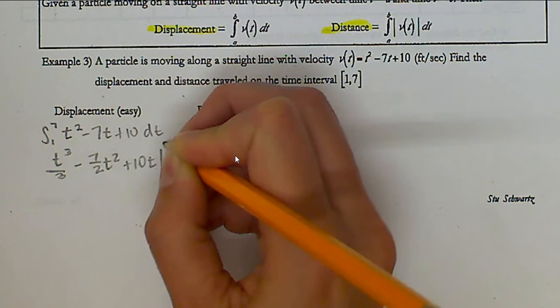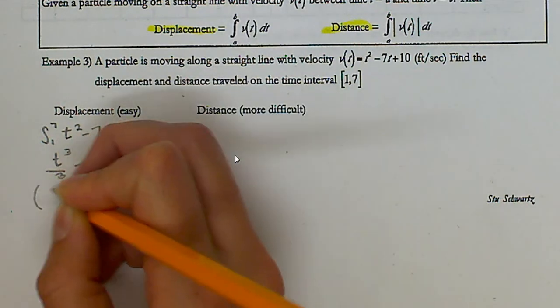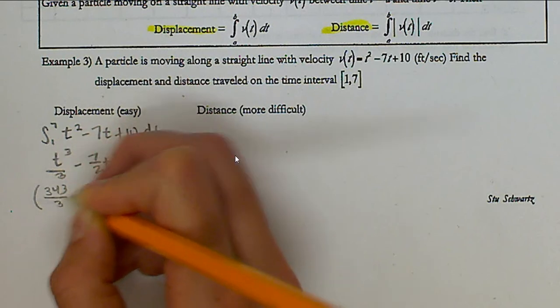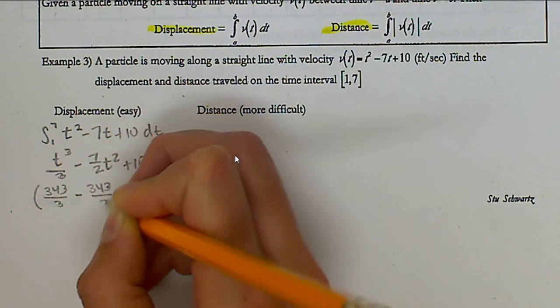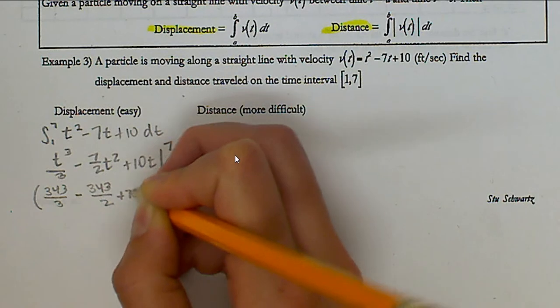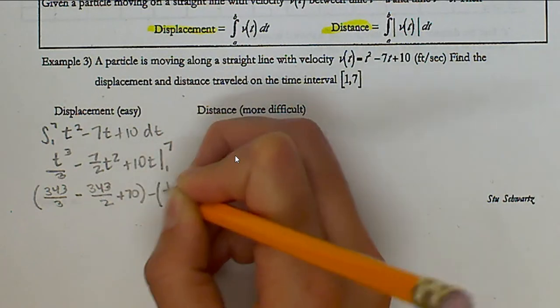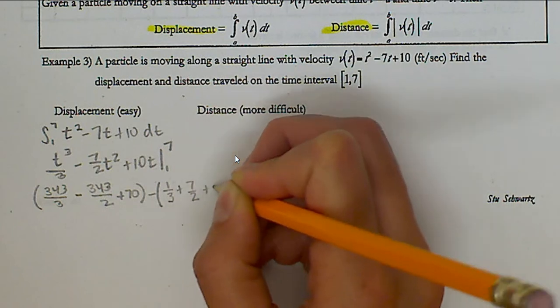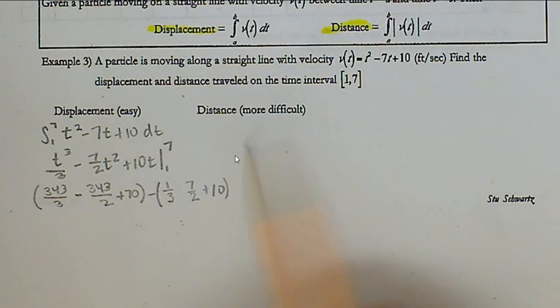1 to 7. Plug in. 7 cubed is 343. Okay. This is something that could actually be on your AP exam, the non-calculator section.